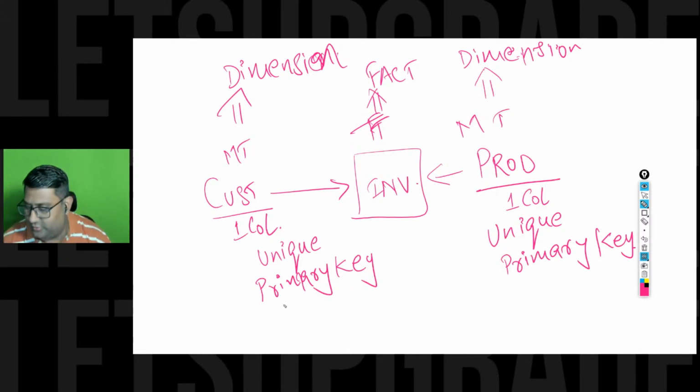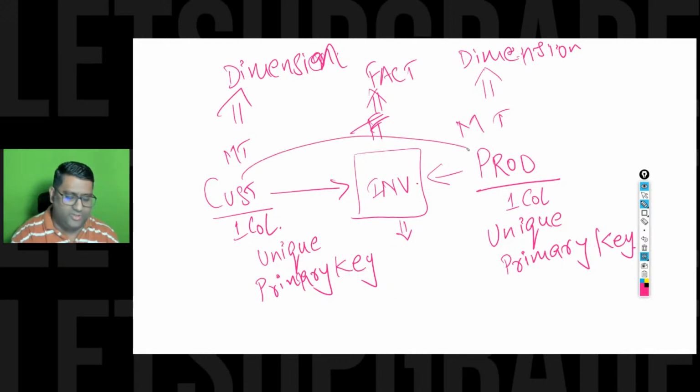Okay, now, Sushant, when I say master table or transaction table, you need to understand what it actually means. See, if you look at the invoices table, what does the invoice table contain? It contains invoices. Now, an invoice is generated when either the customer purchases a product or the product is purchased by a customer. I just said the same thing in two different ways.